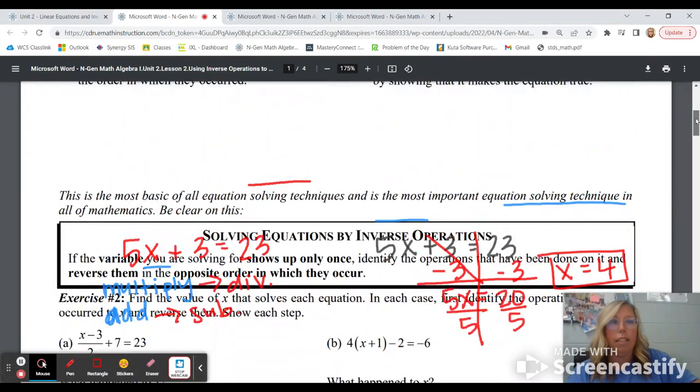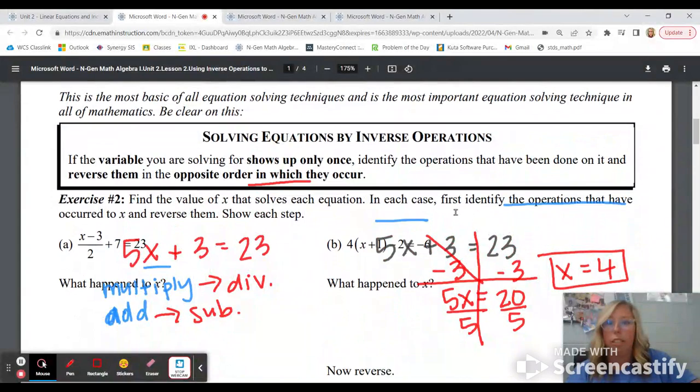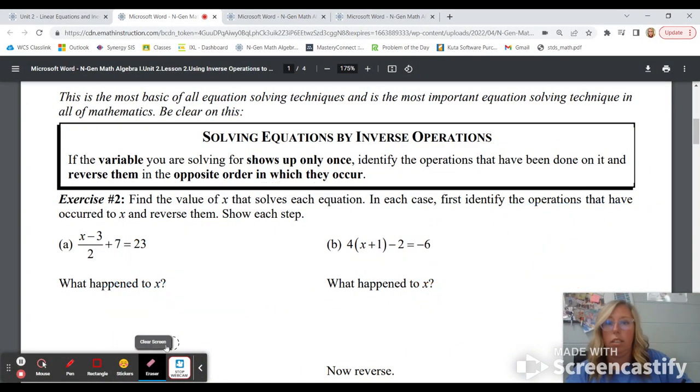Let's look now at the next section. It says, if the variable you're solving for shows up only once, identify the operations that have been done on it and reverse them in the opposite order in which they occur. On A and B here, they want you to first write down what operations are being done, and then solve them by reversing them.